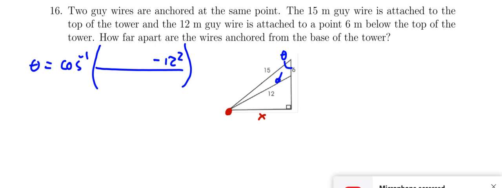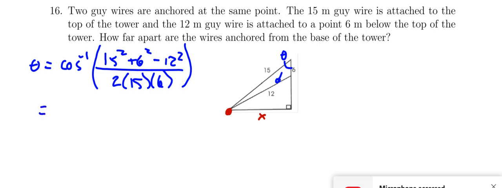So I've talked about this in a previous question here. When I'm looking for angle theta using the cosine law, I'm going to subtract the opposite side squared in the numerator. Then it doesn't really matter what order these other two sides come in. So it'll be 15 squared plus 6 squared. And in the denominator, it'll be 2 times 15 times 6. Or 6 times 15. It doesn't really matter.